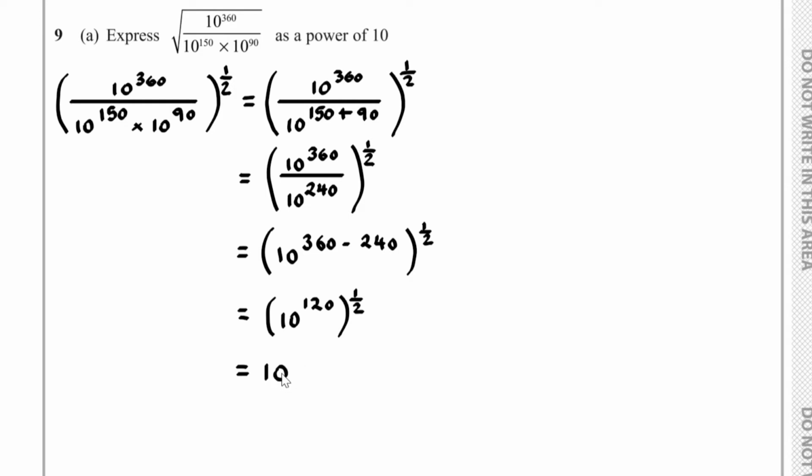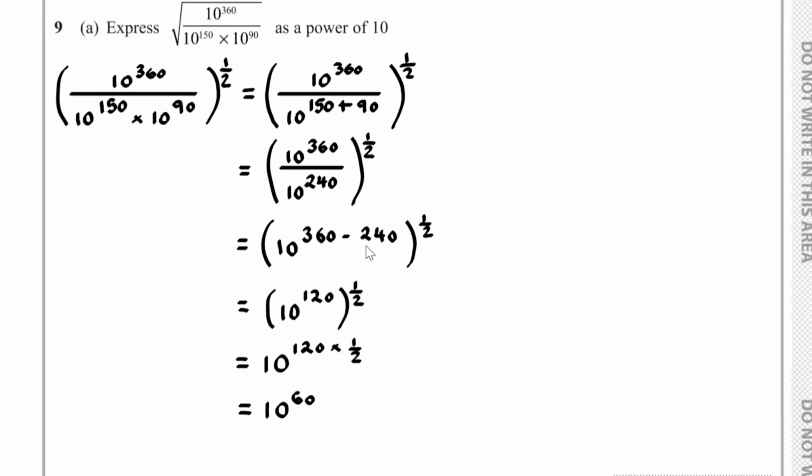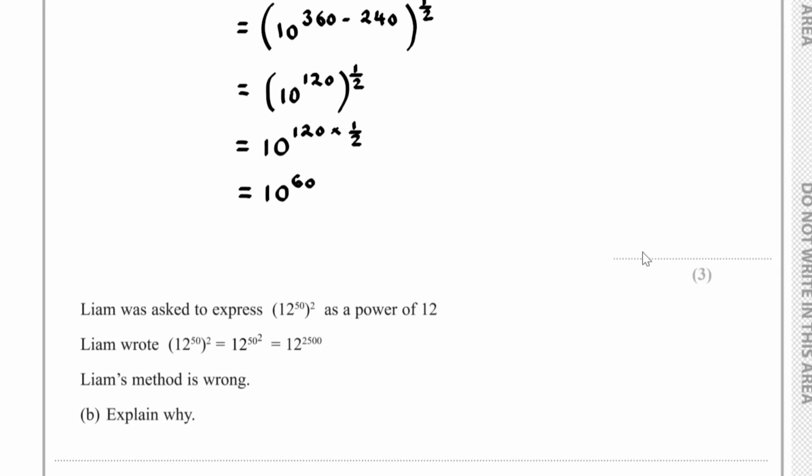So I have 10 to the power of 120 times 1/2, leaving me with 10 to the 60. So I have expressed the calculation as a single power of 10. We have 10 to the 60.